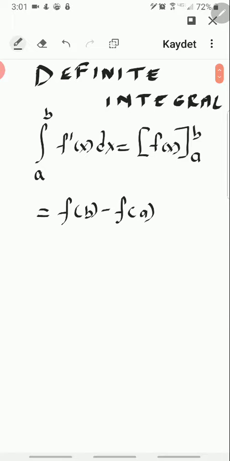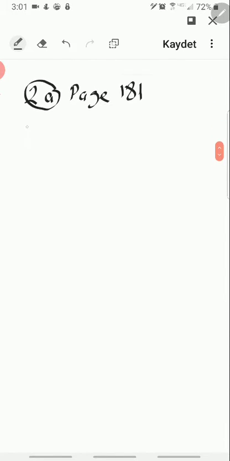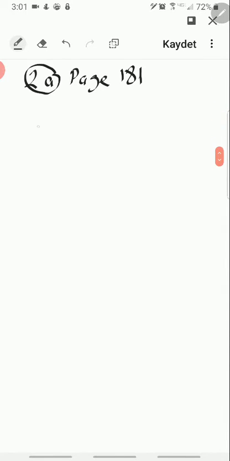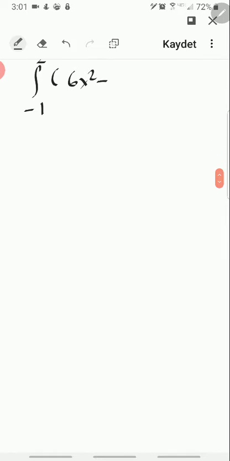After remembering this, let us continue with the exercises. Chapter 10.4, exercise 2a, on page 181. In this example, we have the integral of a function from minus 1 to 2 of 6x squared minus 2x.